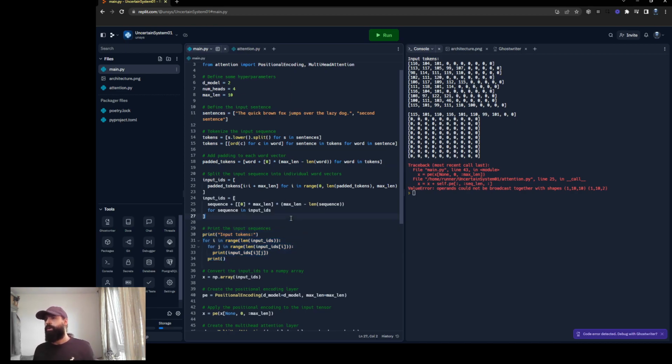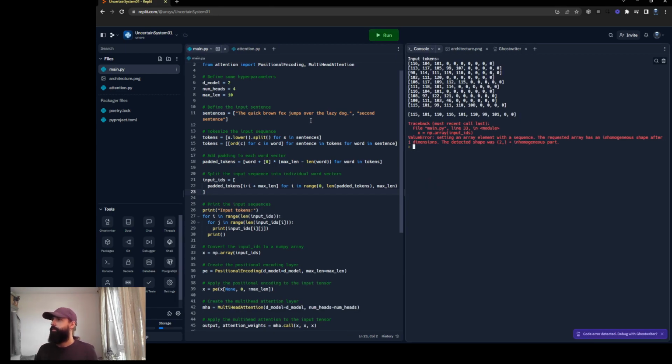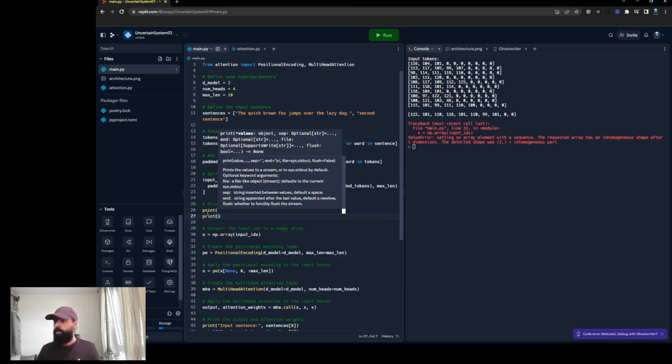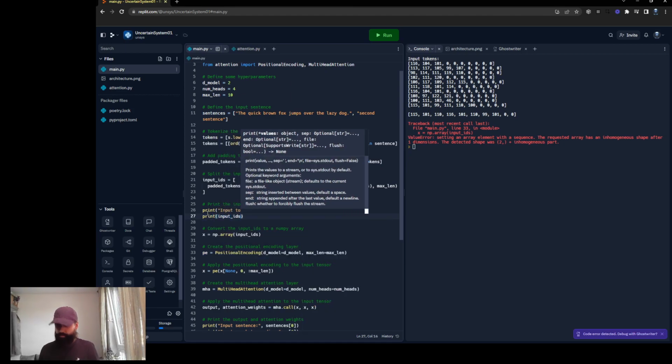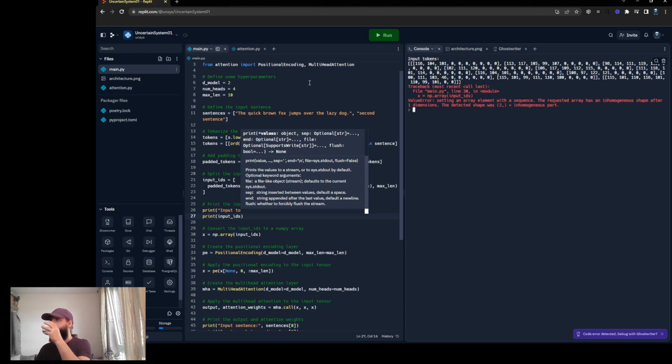So what we want to do now is split the percentage into individual word vectors, padded tokens. I don't think that we need that, do we? If I comment this out, what do I get? Yeah, exactly. So if I just print input IDs, okay.